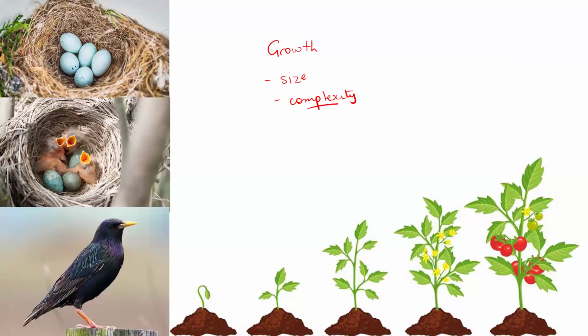If something is complex, we could think of it as something that simply has many layers to unfold to what actually makes it up. So when a living organism is growing, it is increasing in size and getting more complex. And what causes this? It's an increase in the number of cells.